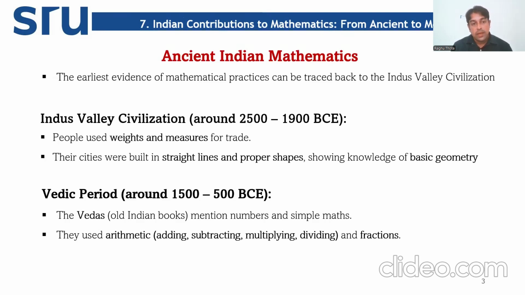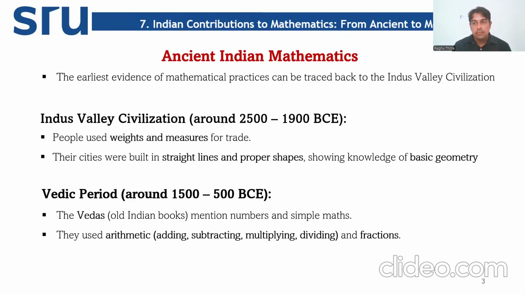From Indus Valley Civilization only, the people started using the weights and measures for doing the trading. In addition to that, if you observe the constructions of Indus Valley Civilization, the buildings and cities, they were in straight lines in proper shapes.